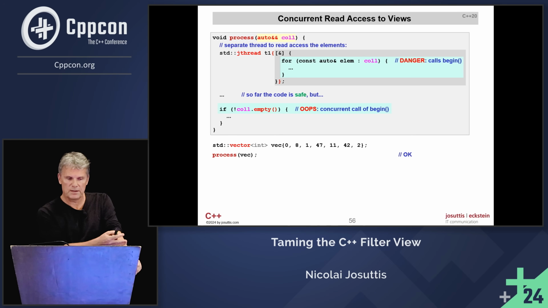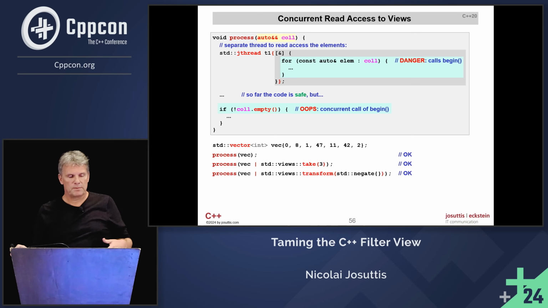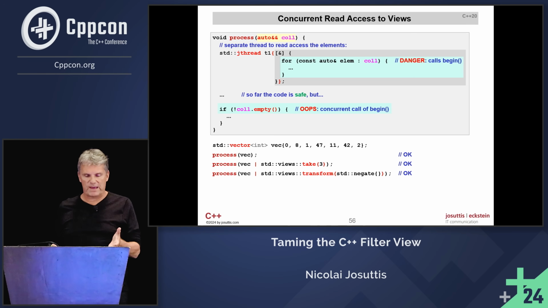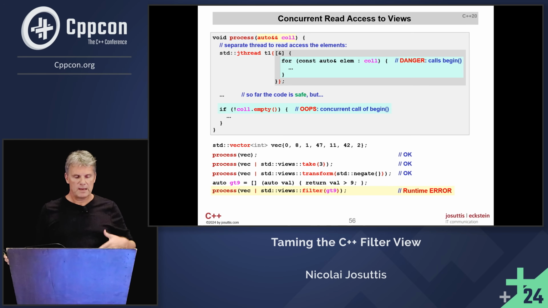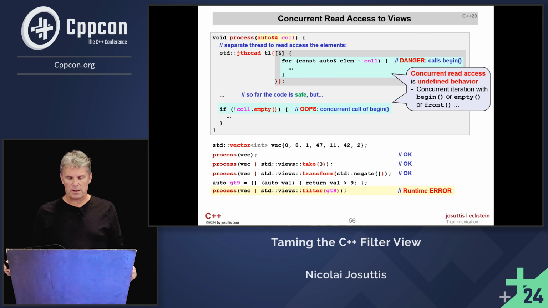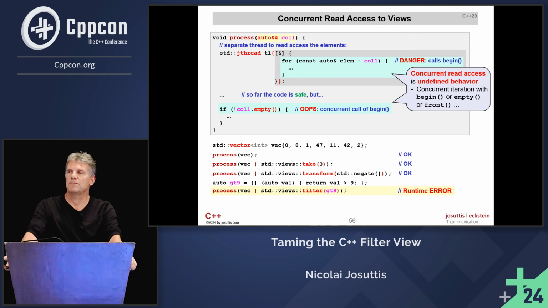Or if in one thread you call begin, in the other you call empty. So it depends. I mean, processing a vector passed to take or transform is fine, but processing a vector passed to filter, now you have a runtime error. That is a concurrent read access. That's undefined behavior. We learned yesterday morning in the keynote by Hub, we don't like undefined behavior.